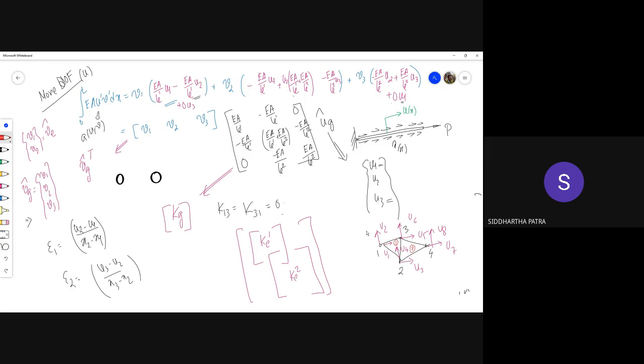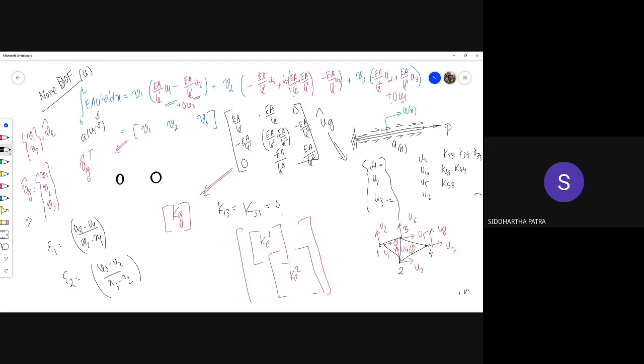And when you are constructing the global stiffness matrix, the degrees of freedom that are shared by two elements are U3, U4, U5, and U6. Not only do your K33, K44 terms get added from both the elements, but also your K34 terms and K43 terms, K53 and K35 terms and so on.